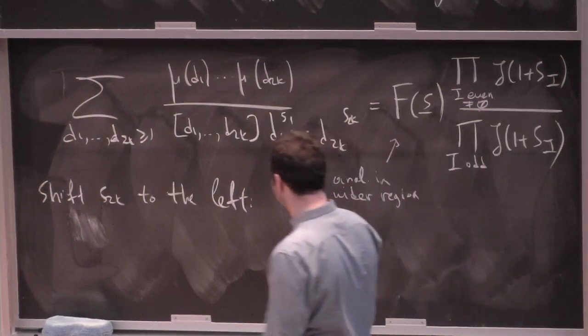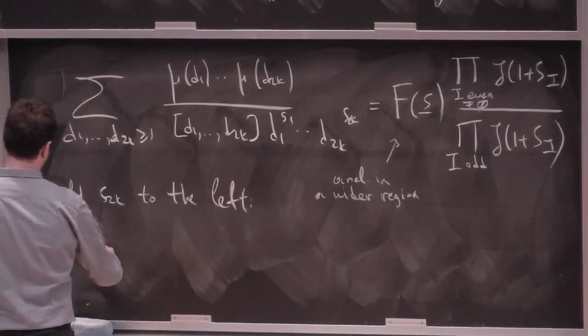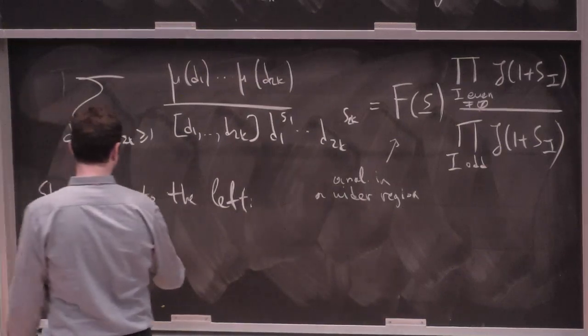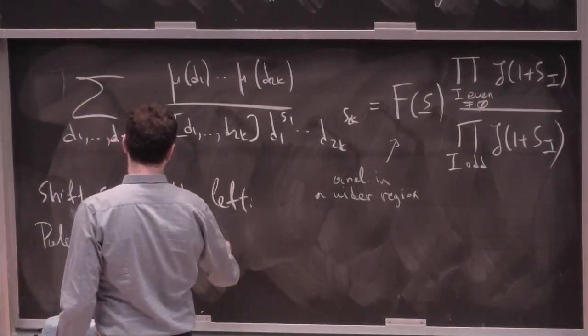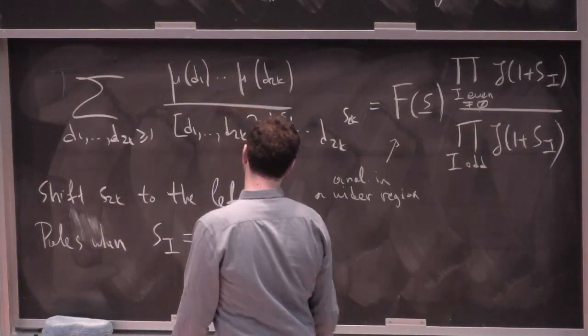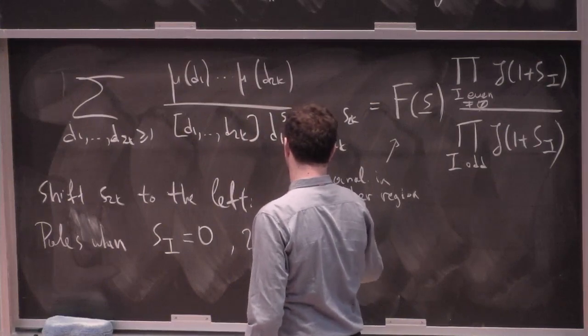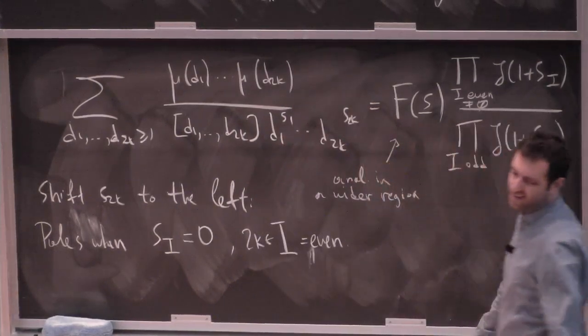Where are the poles coming from? Whenever you have some s_i being 0 with I containing 2k and I of even cardinality, I mean.